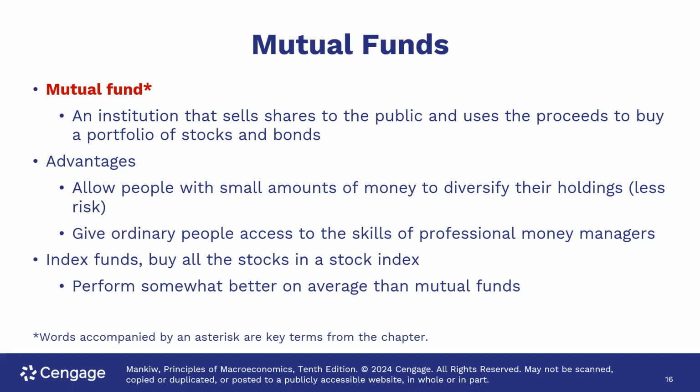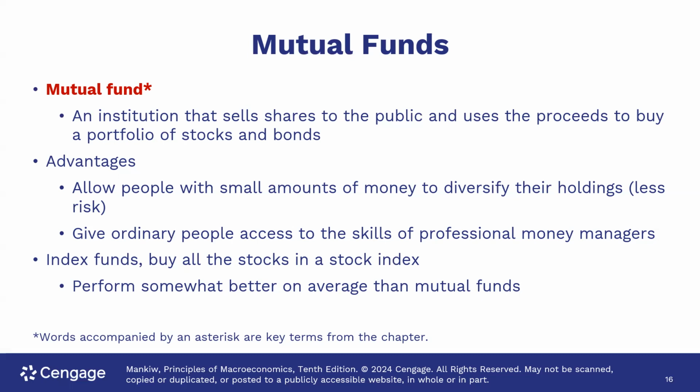So maybe they can purchase 1,000 shares for each of the stocks in the Standard and Poor's 500. There are 500 companies in the Standard and Poor's 500 index. So the mutual fund can purchase all of them with a large amount.